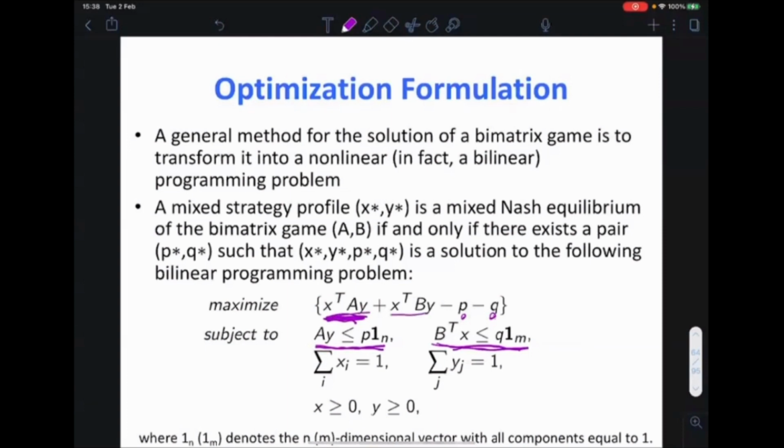This is the expected payoff for agent y. We want to maximize the difference between them, right? And so by doing this, we can formulate the Nash equilibrium. The solution of x, y is basically the Nash equilibrium for that.